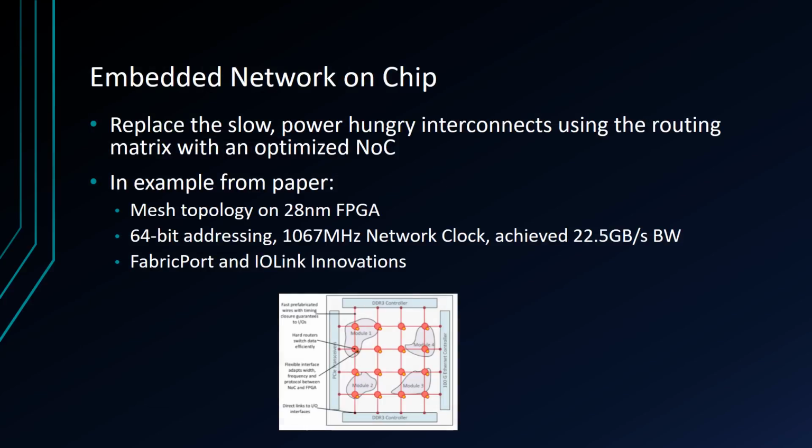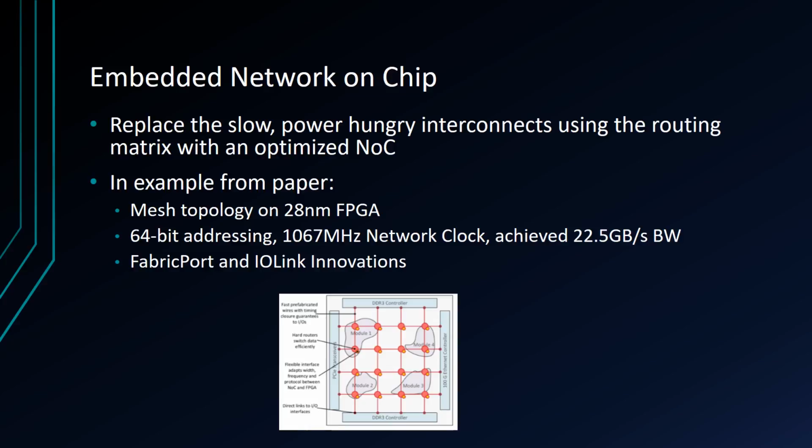Next, I looked at some embedded network on chip strategies for an FPGA, and the idea here is replacing the routing matrix, which you would normally use as your interconnects on chip, which is not very optimized and pretty power hungry, with an integrated optimized network on chip architecture.